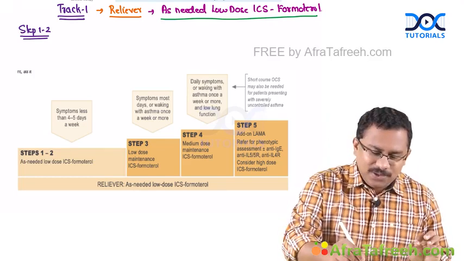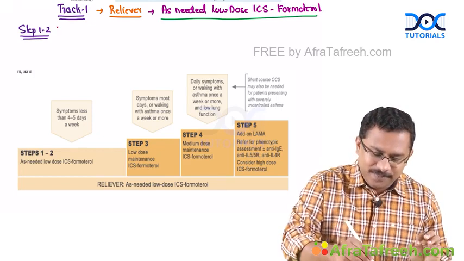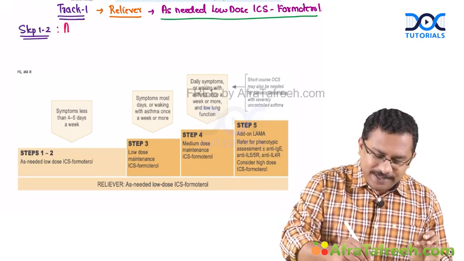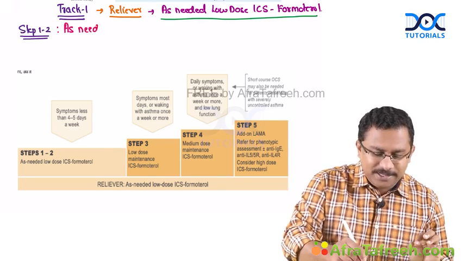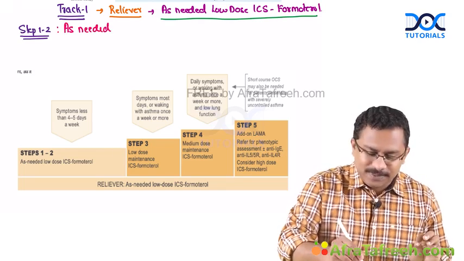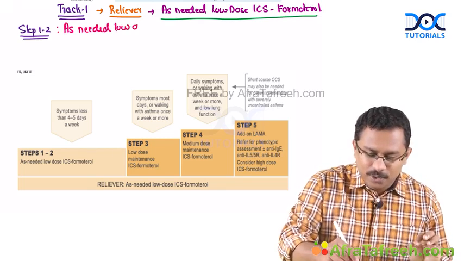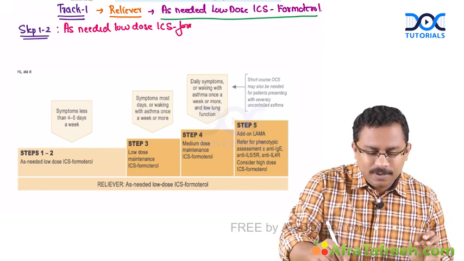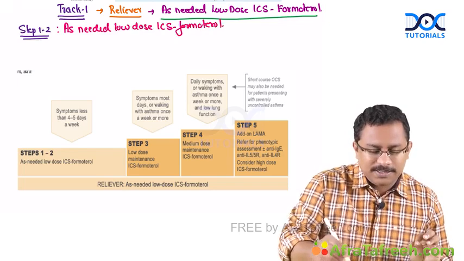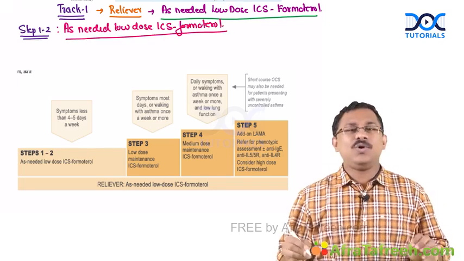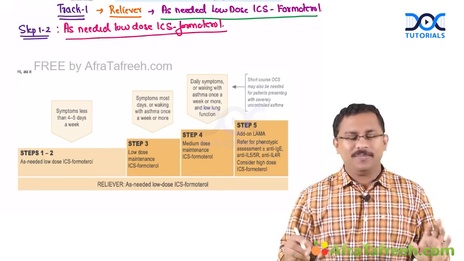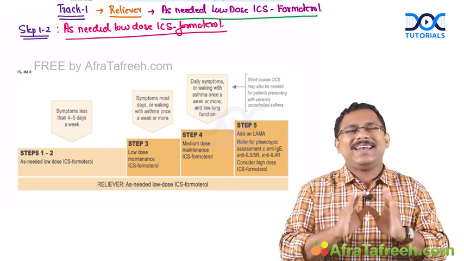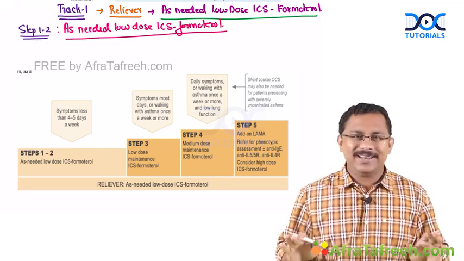So for step 1 and 2, you can go for as and when needed, because there is no need for daily maintenance, a low dose ICS formoterol combination. That will serve as the maintenance therapy.